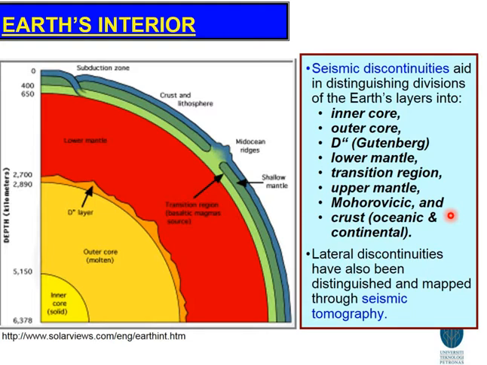Those discontinuities record the boundaries of the Earth's layers. Based on that, we know the Mohorovicic discontinuity or crust-mantle boundary, the Gutenberg discontinuity or mantle-core boundary, and other major boundaries. Those boundaries were mapped through seismic tomography.